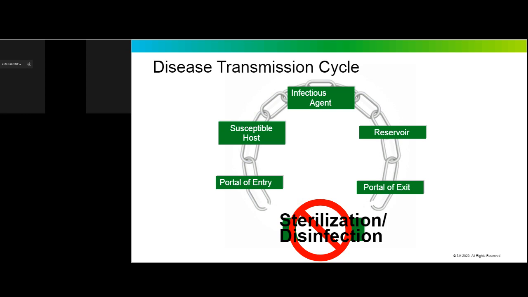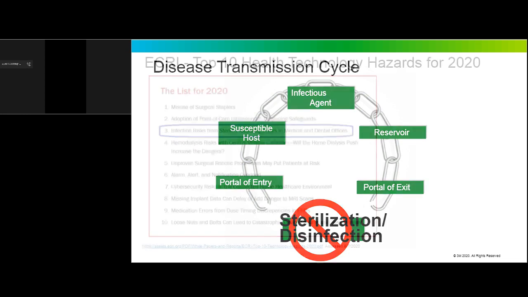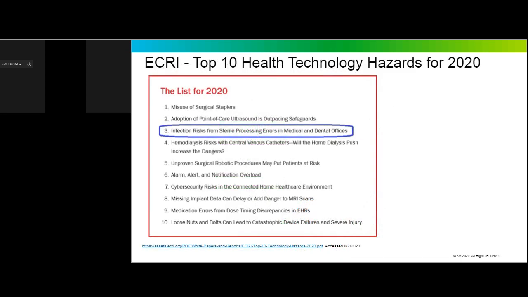So this is a concern we've had for a long time, but we were surprised. I don't know if you guys saw this late last year. Are you familiar with ECRI? It's the Emergency Care Research Institute, and I kind of think of it like a Consumer Reports for healthcare. Late last year, they published their annual list of the top 10 technology hazards for 2020.